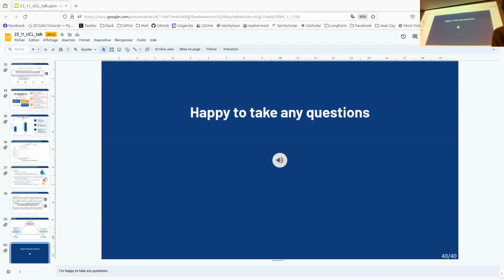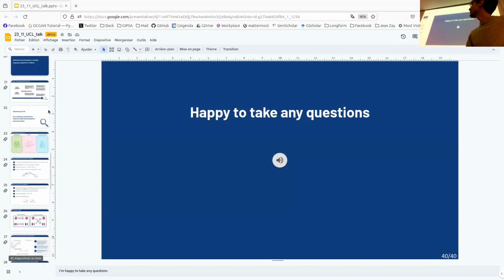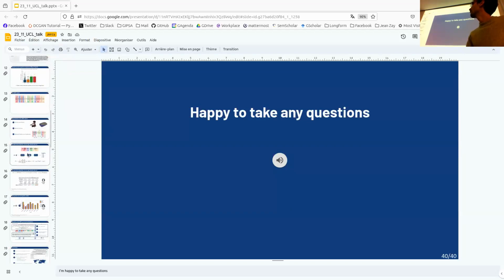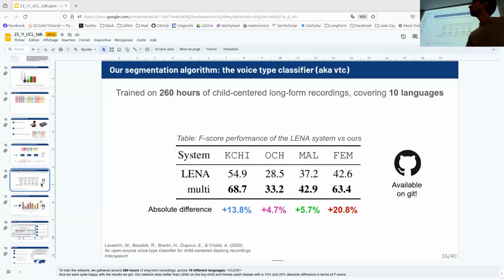In your first study, for both of the systems, LENA and your model, they did relatively poorly on two of the classes: the older children class and the male adults. Was that reflecting some imbalance in the sample? Probably, but for other reasons as well.